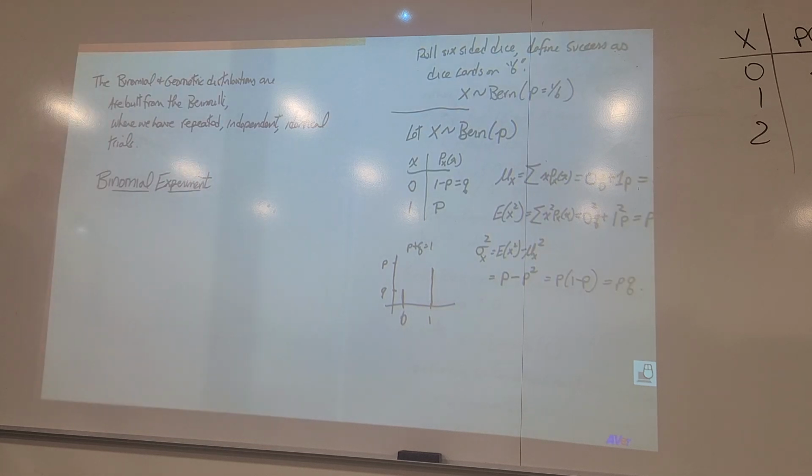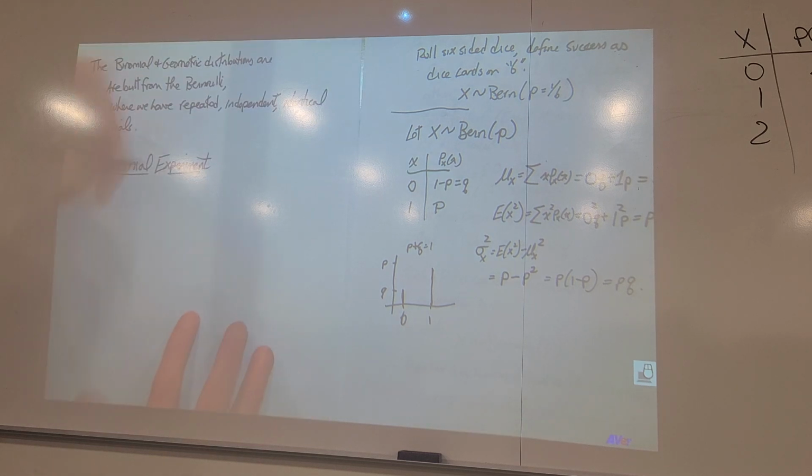We have a fixed number of trials. We have n trials. N is fixed. It should be predetermined and fixed. The trials are identical and independent.